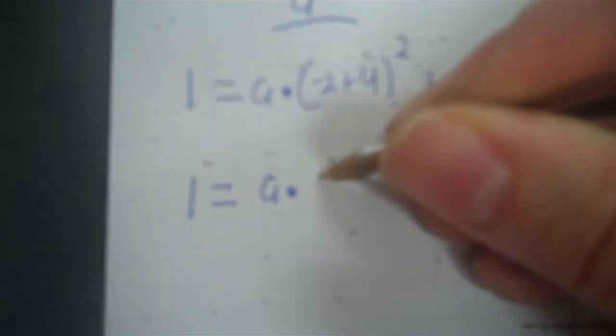To figure out what A is times by, you need to figure out what that parentheses is to the second power. It's 4, because -2 plus 4 is 2. 2 to the second is 4. If you can't do mental math, you plug it in like this, okay? Parentheses, -2 plus 4, close the parentheses, second power.